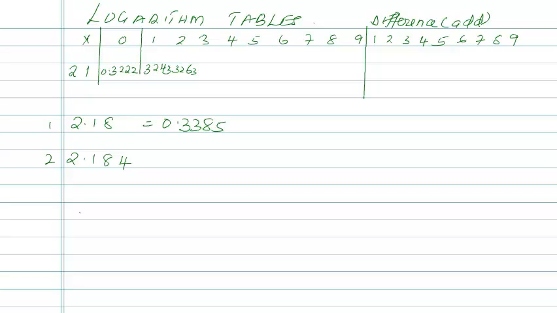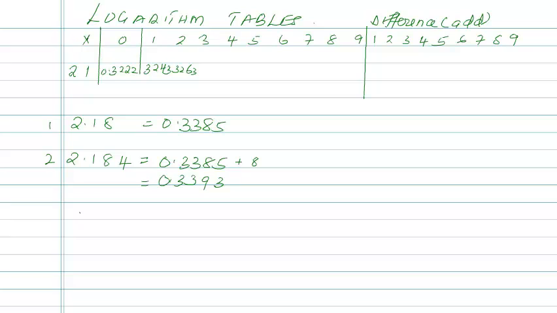Then you need to add 8 to 0.3385. So it will be 0.3385 plus the 8 that we found there, and this one now becomes a 3 and 9 a 3 3.